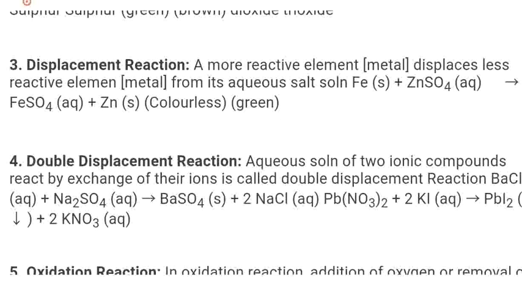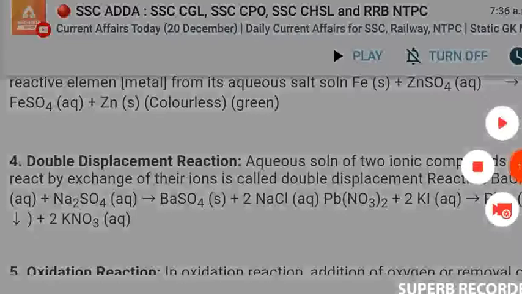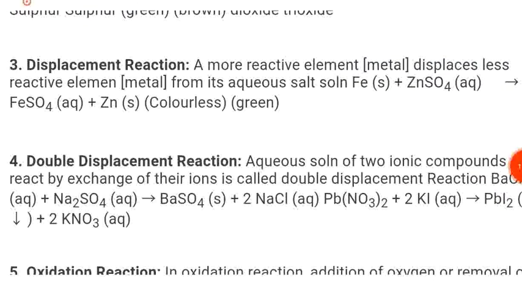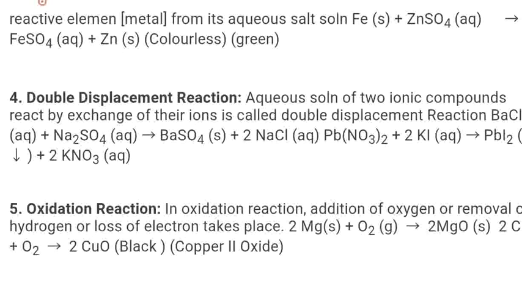So here iron displaces sulfate from zinc and forms FeSO4, and zinc moves out. So this is a displacement reaction.